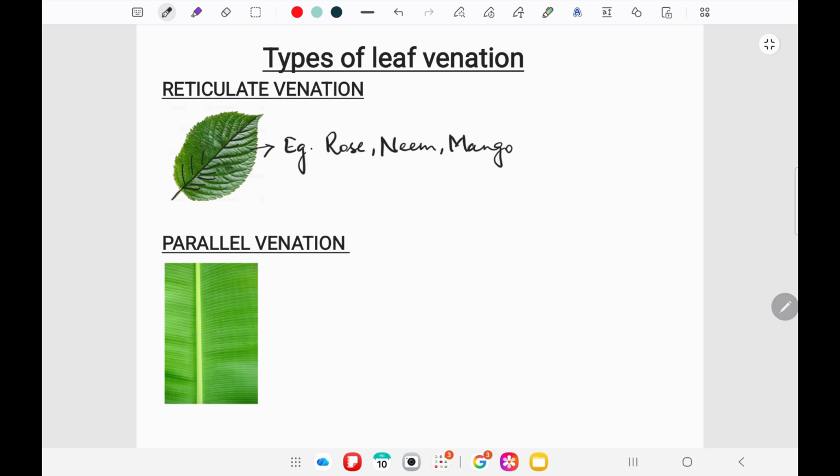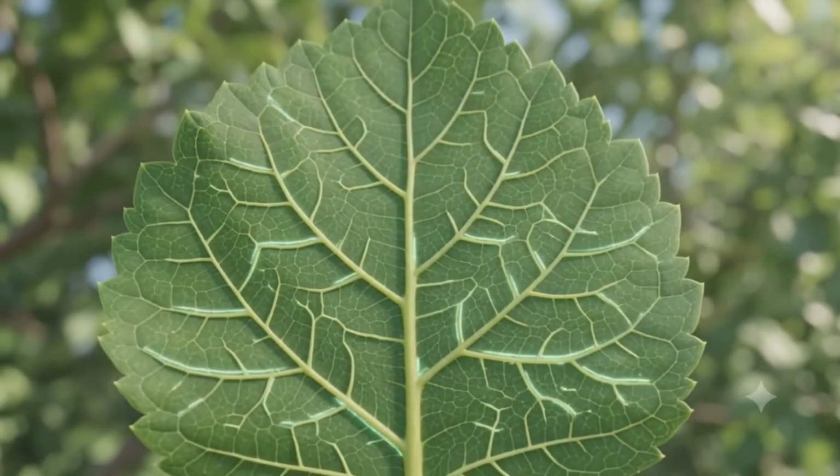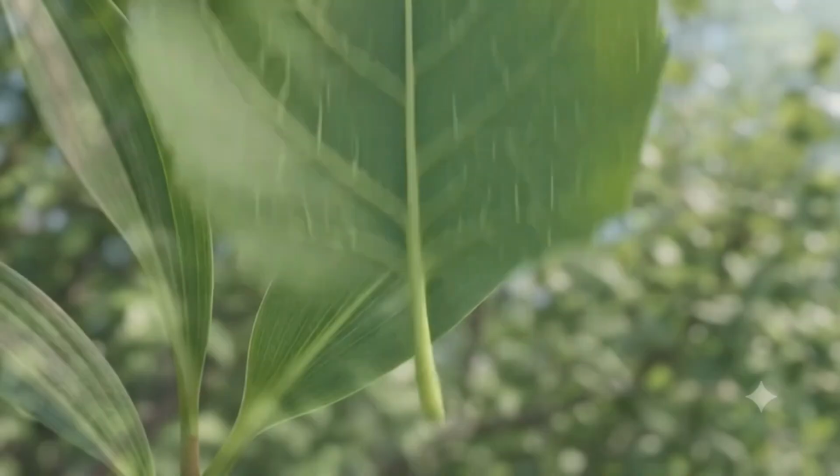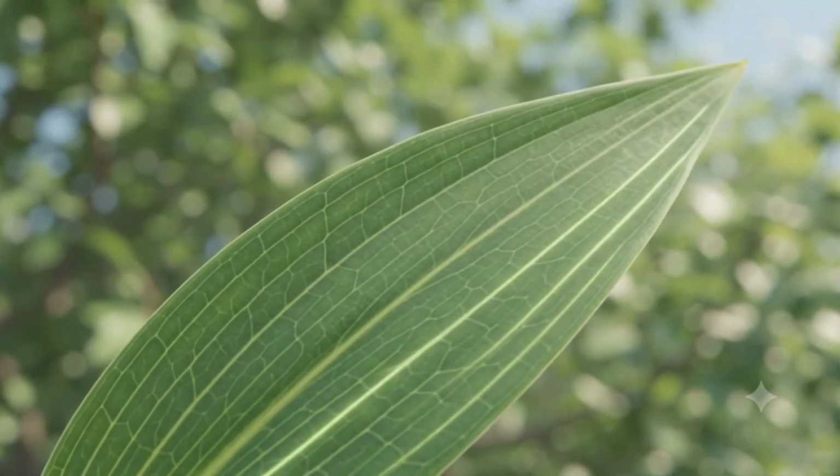The next type of leaf venation is where the veins run parallel to each other. This type of leaf venation is called parallel venation, and it is found in plants like rice, grass, wheat, etc. I am a leaf with reticulate venation. I am the leaf with parallel venation.